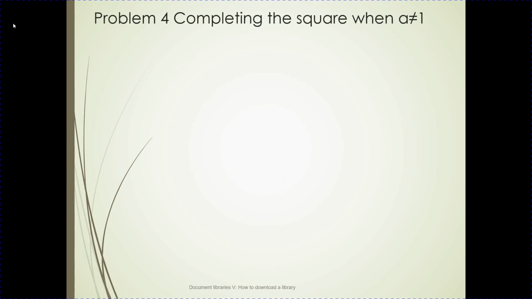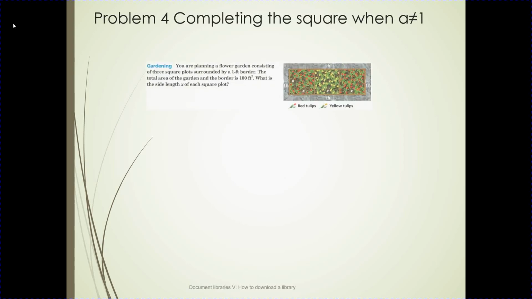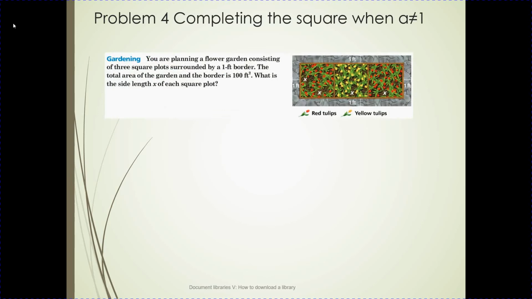Problem 4 is about solving a quadratic equation using the completing the square method where the value of a is different from 1. There's a word problem here. You are planning a flower garden consisting of 3 square plots surrounded by a 1 foot border. The total area of the garden and the border is 100 square feet.